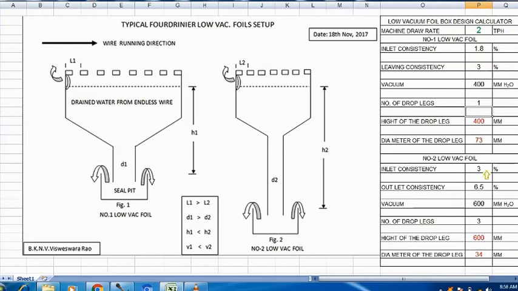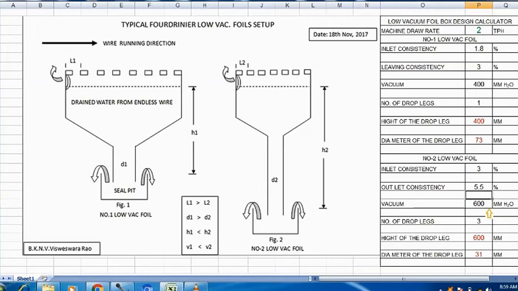Similarly here also, number 2 vacuum foil, 3% is the inlet, and if we say the outlet is 5.5%, then what will happen? 31 mm, and 600 mm is the water column.